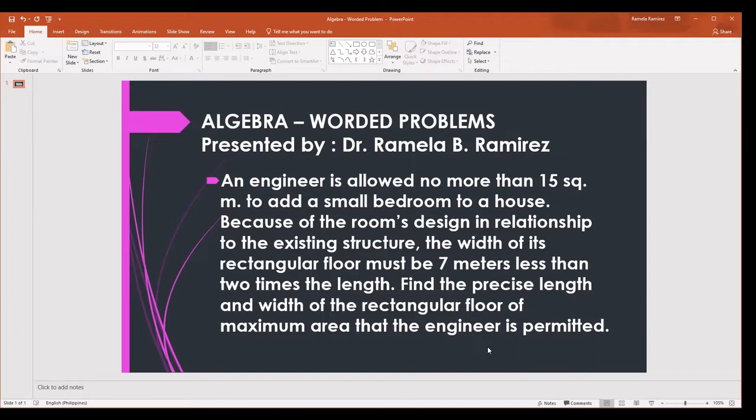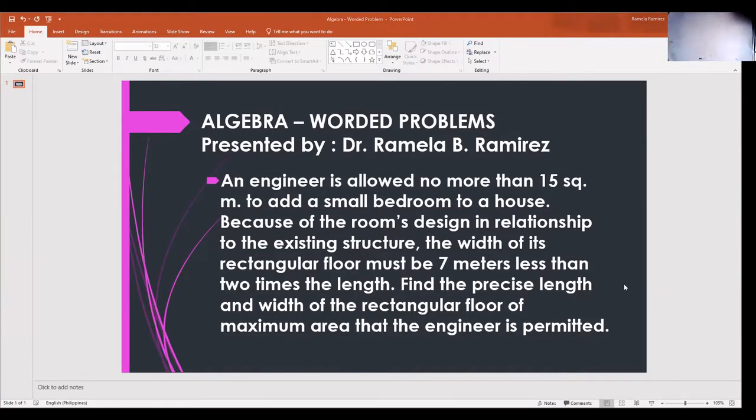engineer is permitted. So looking at the sample problem, you would notice that we have to first be able to translate into equations the different words as presented in the problem.